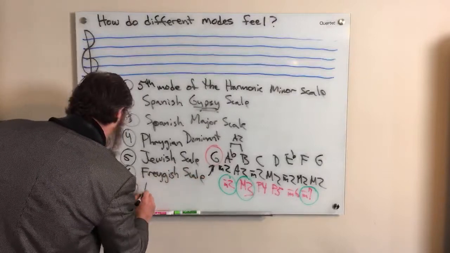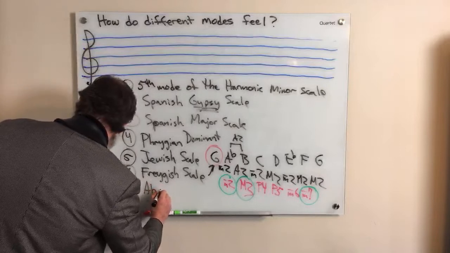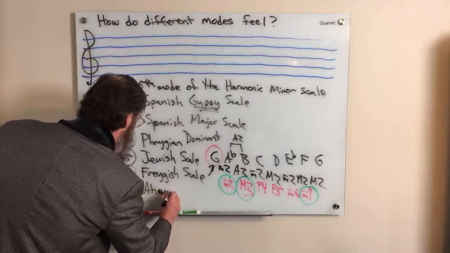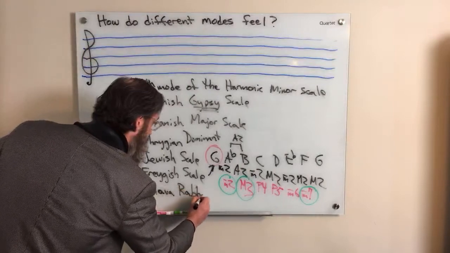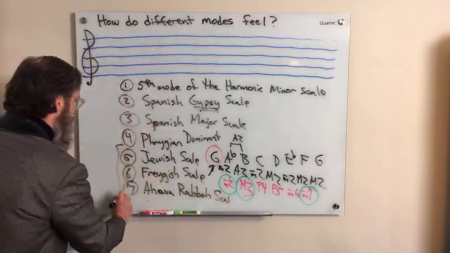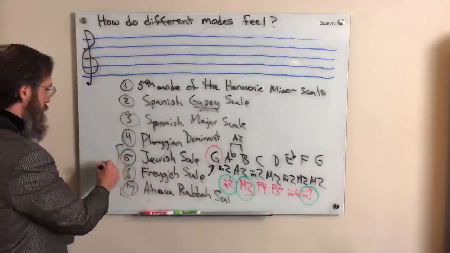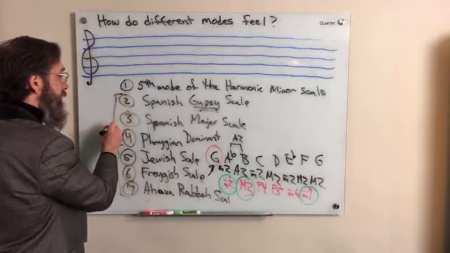And then finally, Hava Raboa, and I'm probably butchering the pronunciation, and I apologize, but I did a little research here, and I wanted to share with you as much as I could. This scale was used in a lot of Jewish music. This was used in a lot of Spanish music.